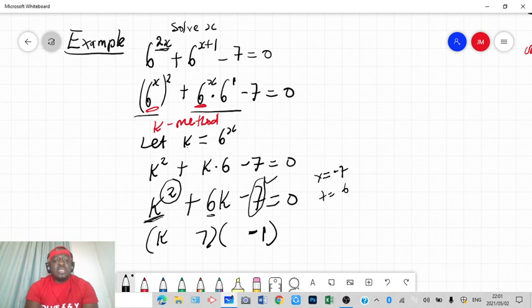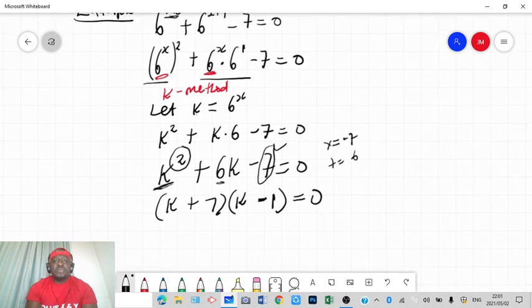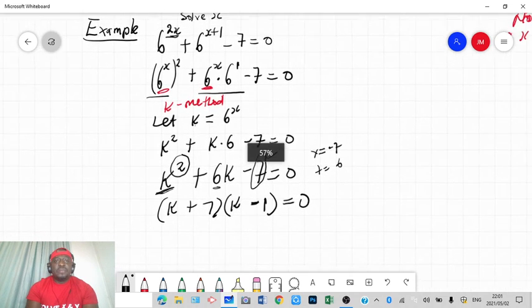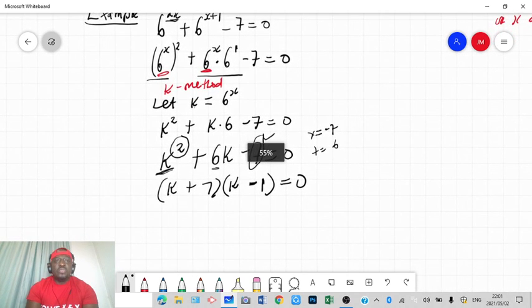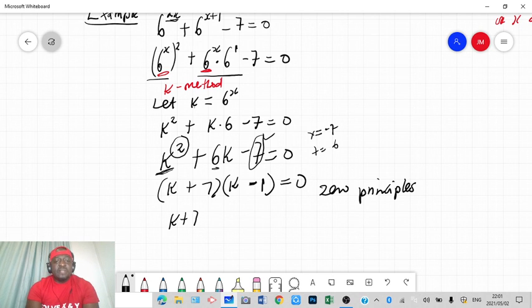Hence, I can put k plus 7 and k minus 1, everything equals 0. So at this point, all we need to do is to apply the zero principle, by saying k plus 7 equals 0, or k minus 1 equals 0.